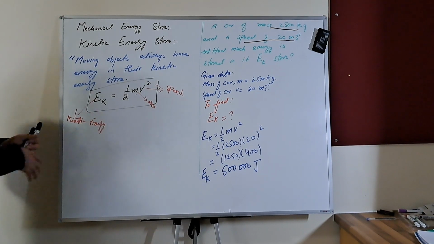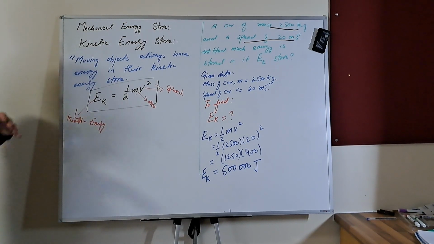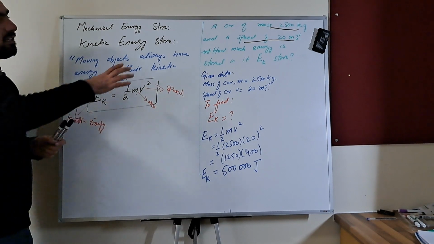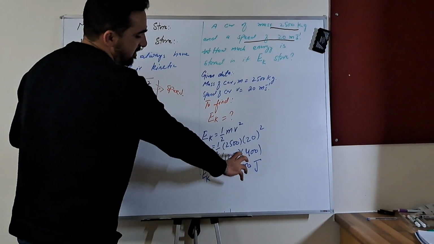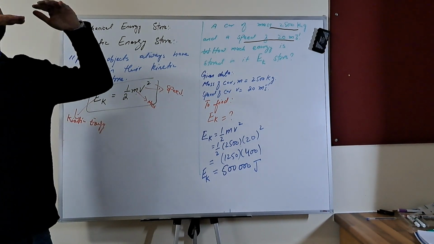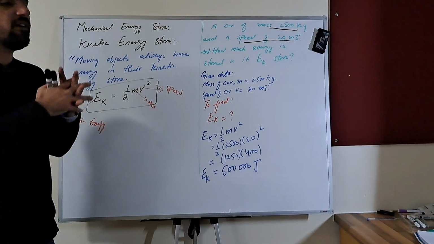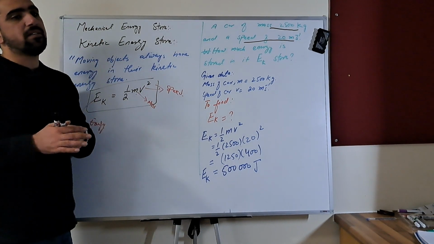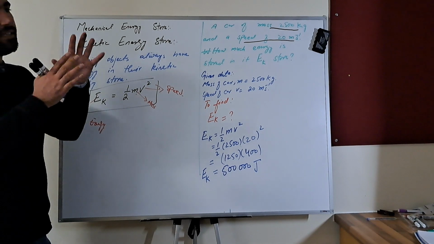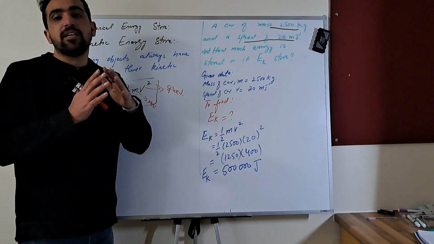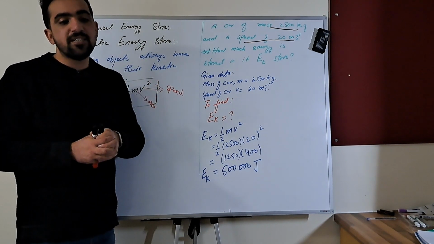So if a car has this much energy, then we can estimate how much energy is stored in its kinetic energy store. Just keep in mind, this is only the energy which is stored in its kinetic energy store. There is energy stored in its fuel in the form of chemical energy store, and also because the fuel is burning in it, there will be energy stored in its thermal energy store.